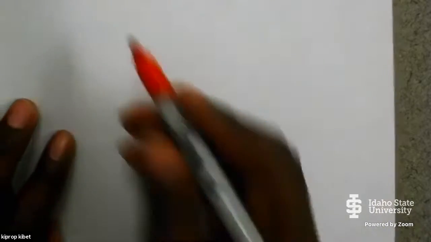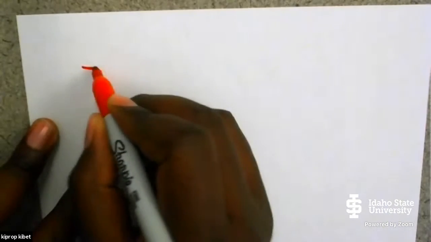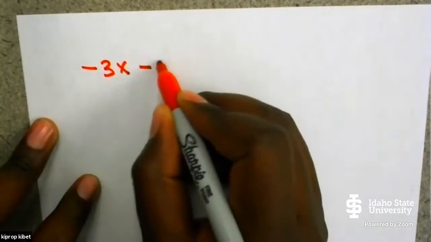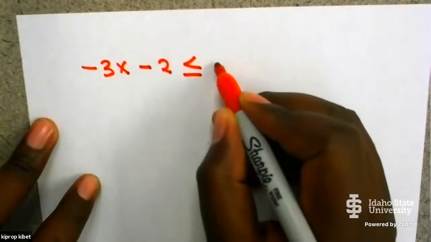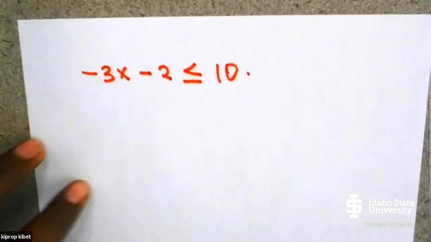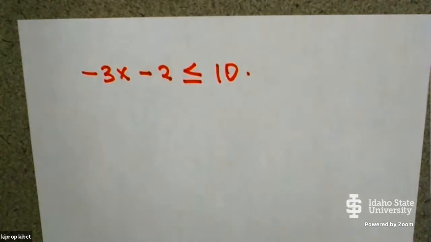Okay, another example. Minus 3x minus 2 less or equals to 10. So first, you make sure that you take these values together.